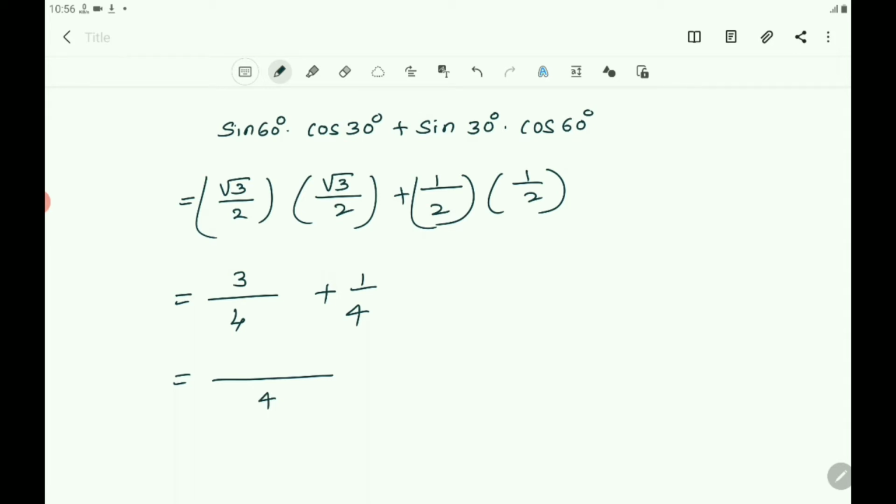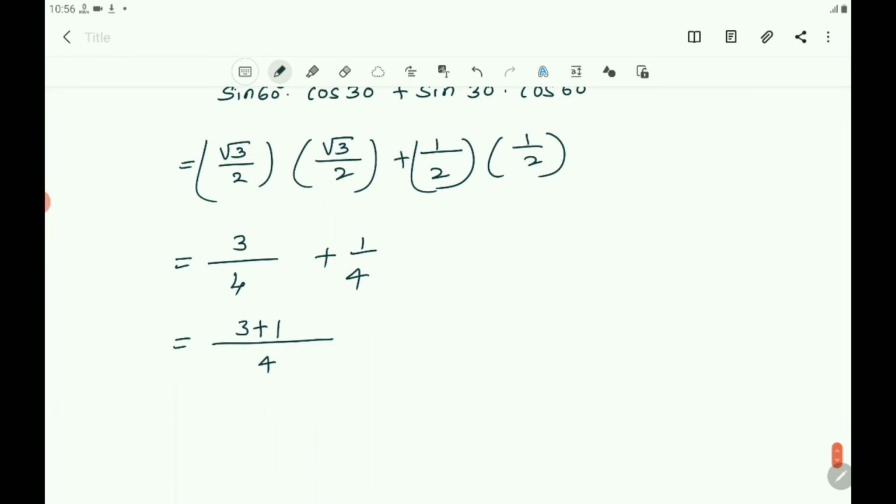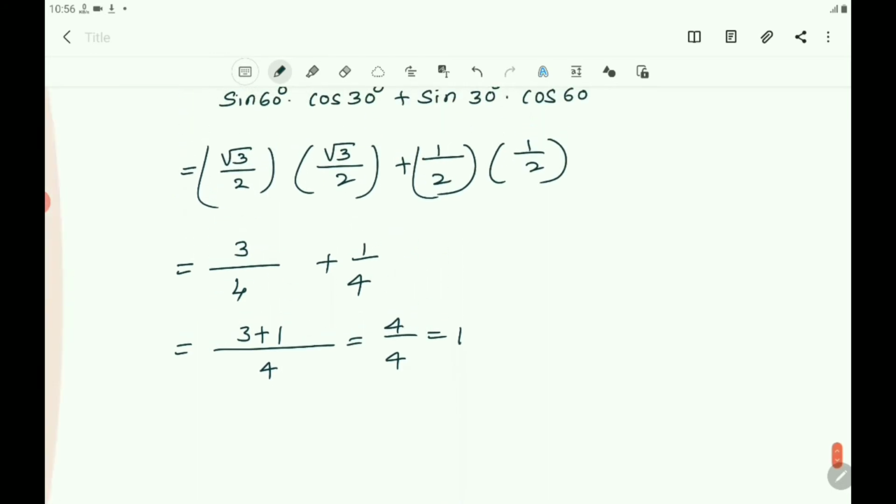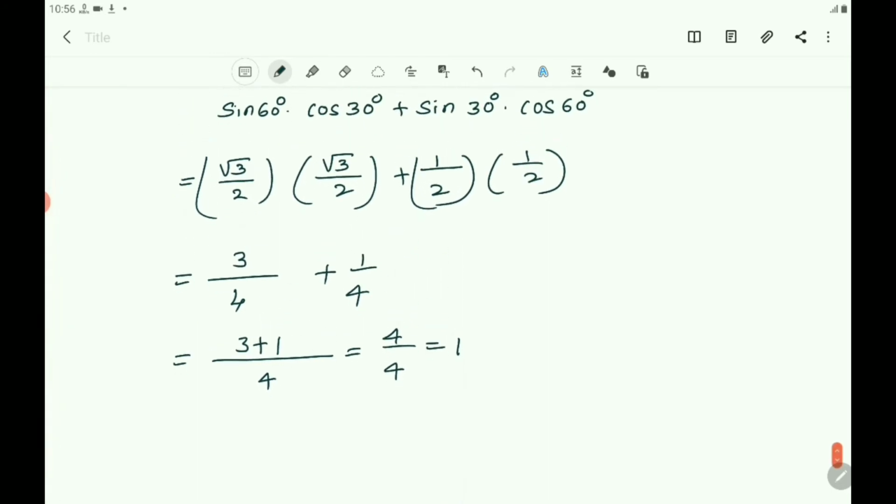As the denominators are same, that is 4, add the numerators, 3 plus 1 is 4, 4 by 4 equals 1. Therefore you can write that sin 60 degree into cos 30 degree plus sin 30 degree into cos 60 degree equals 1.